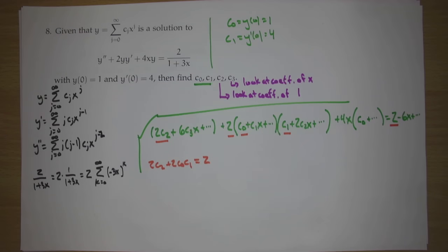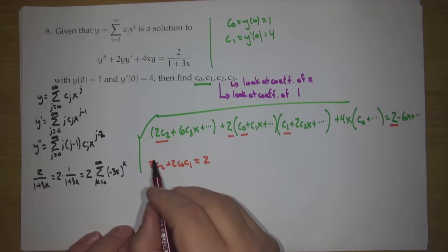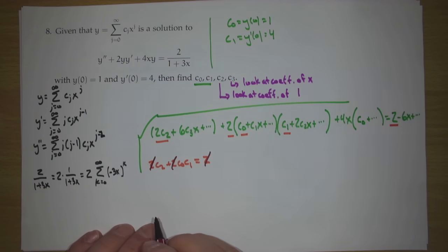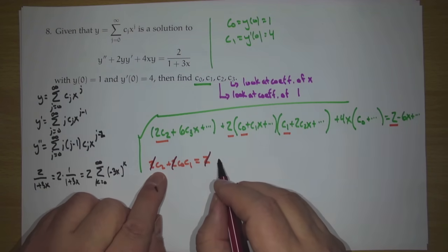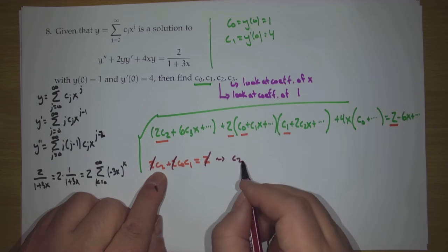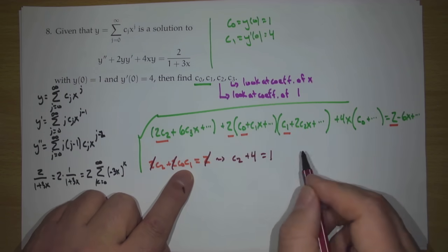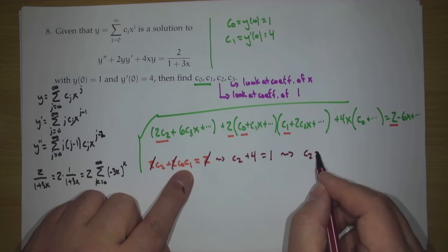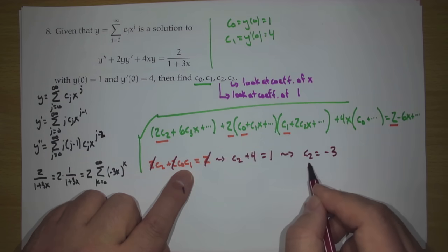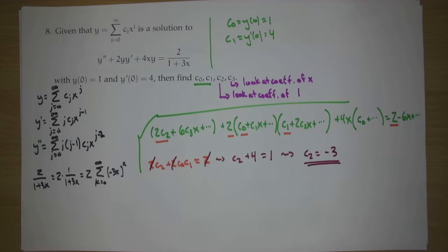Plug in what we know. What do we know? We know c0, c1. Everything, by the way, has a 2, so let's just go ahead and get rid of that. So c2 plus c0 times c1 plus 4 equals 1. So c2 is negative 3. All right? Are we ready for the next part?